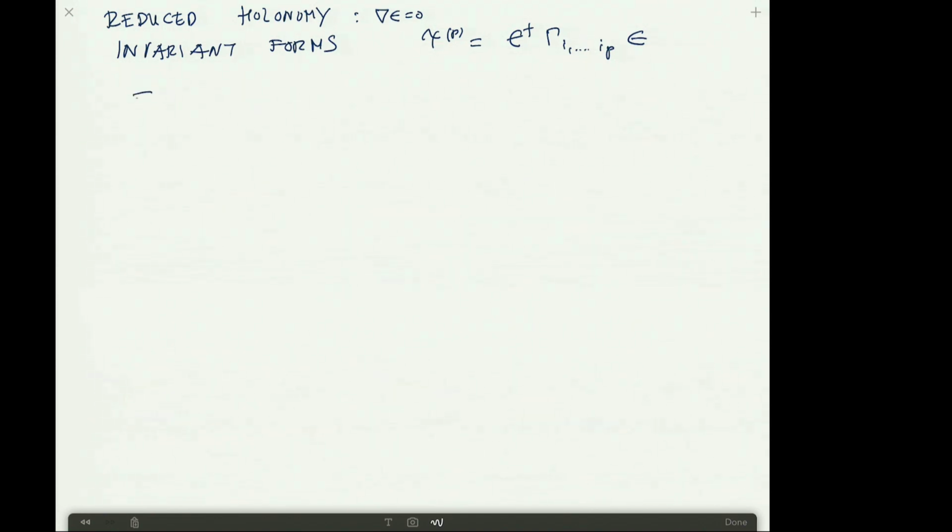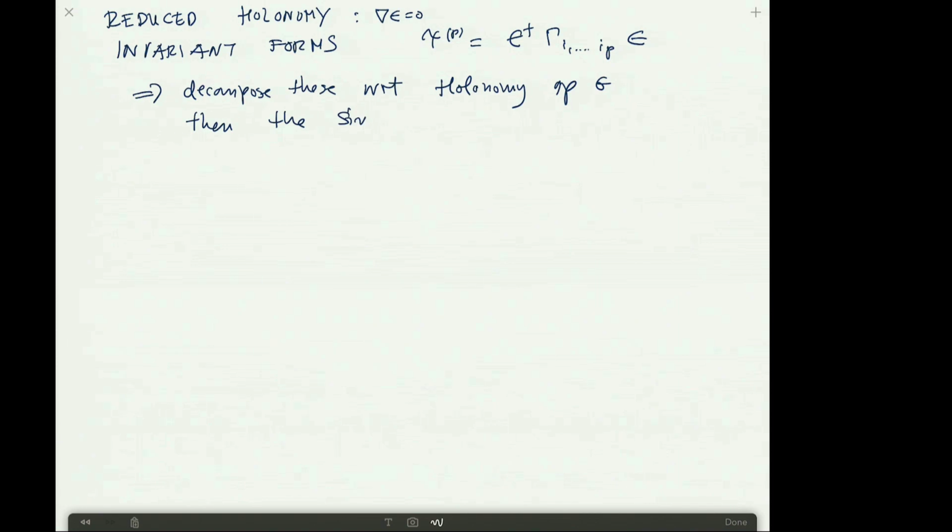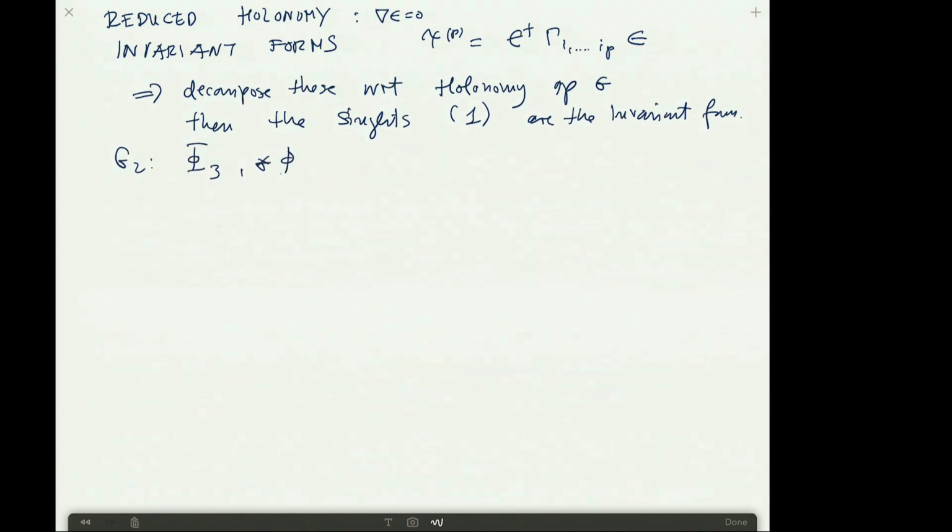And if we decompose these with respect to the holonomy group, let's call that G, then the singlets, so in the 1, are the invariant forms. For G2, this is precisely phi_3 and star phi_3.